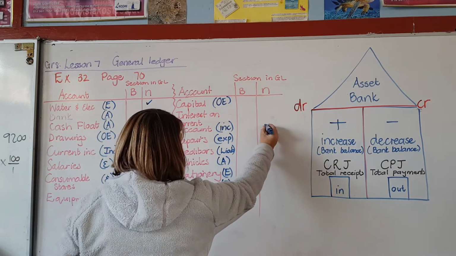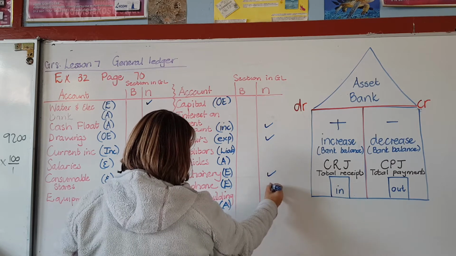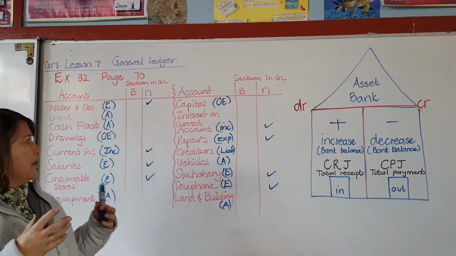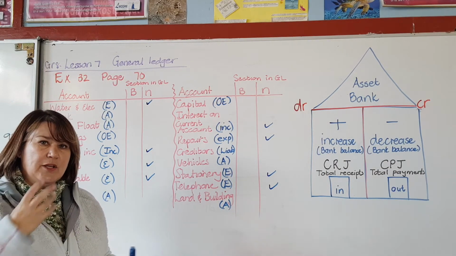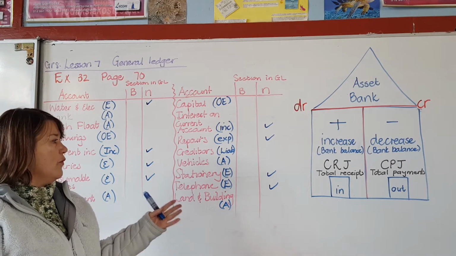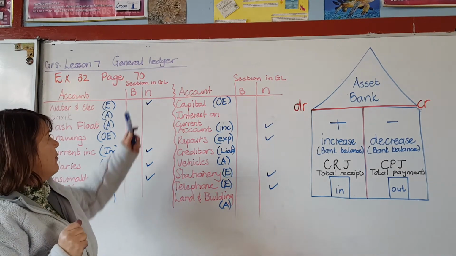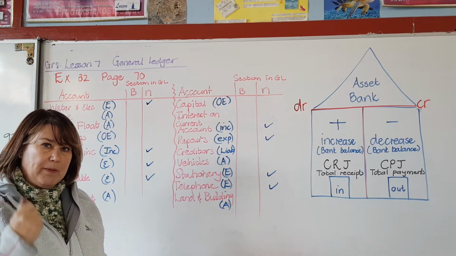Okay, that's a nominal. Alright, because I've put it into my different definitions: assets, liability, owner's equity, or then income and expenditure. So remember, nominal section in your general ledger is your income and your expenditures.